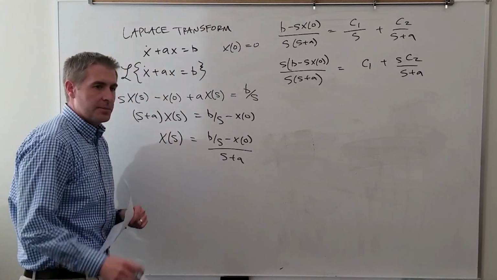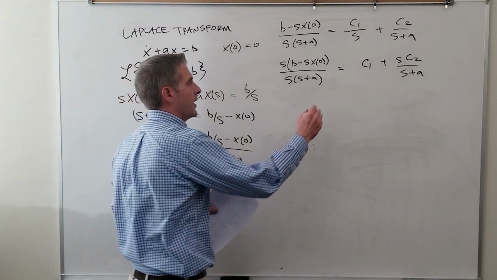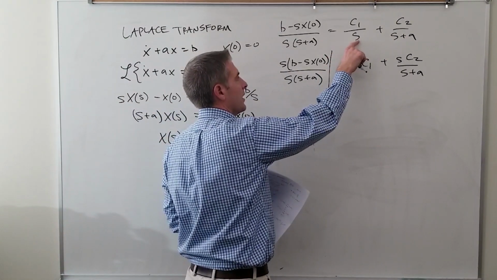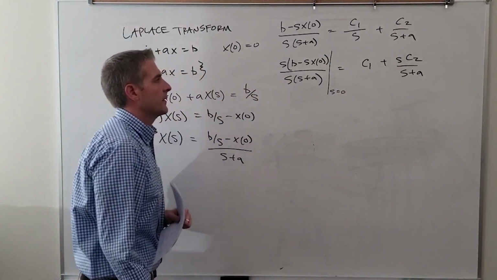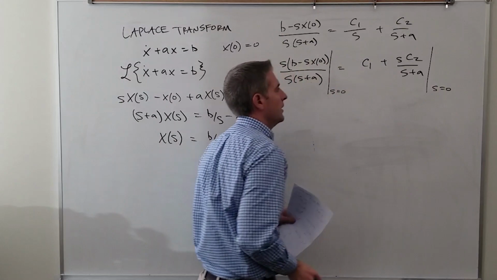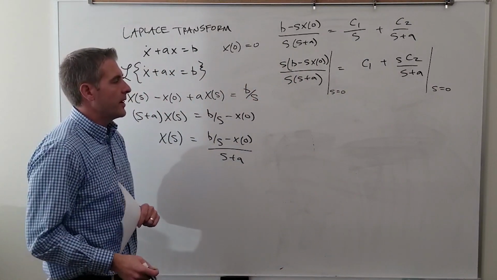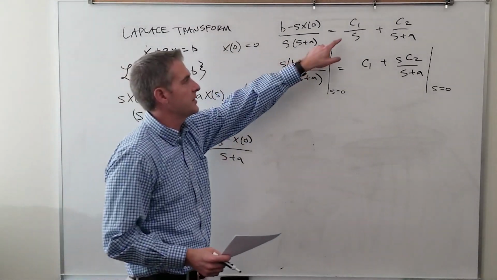And then we can calculate this particular equation at a particular value of s. If we choose the value of s which would make the denominator here 0, which means s is equal to 0, we'll be able to hopefully find a way to isolate c1 and extract out the value for the c1 over s term.